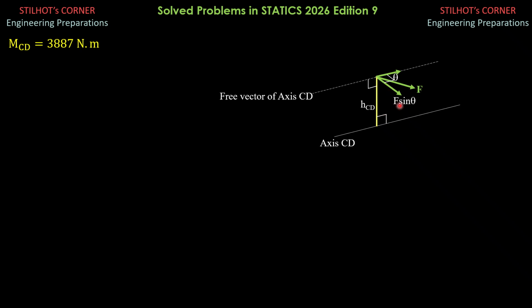So therefore, the component of F which has moment about the axis is this component here, F sine theta times d sub CD, and we will equate that to M sub CD absolute value. So moment about axis CD is this component of force, F sine theta, times d sub CD.